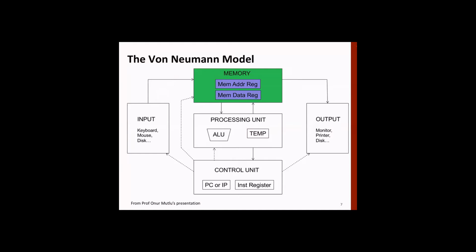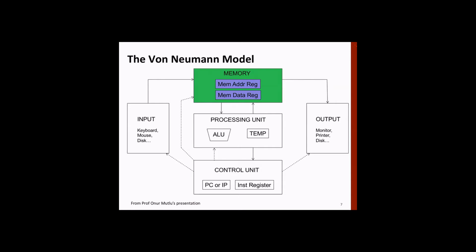So let's start with memory. We have studied memory already in brief. Memory can be treated as a sequence or array of bytes: first byte, second byte, third byte, fourth byte, and so on. The program will see this as nothing but an array of bytes starting from 0 up to capital N, where N is equal to 2 raised to the power n minus 1, and n is the number of bits required to represent the address.